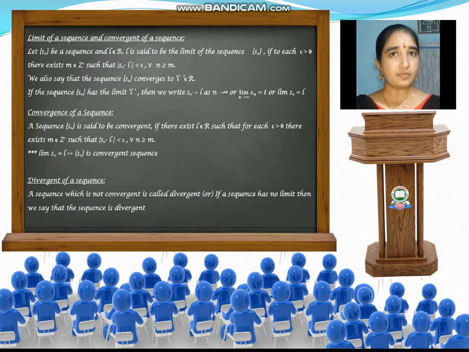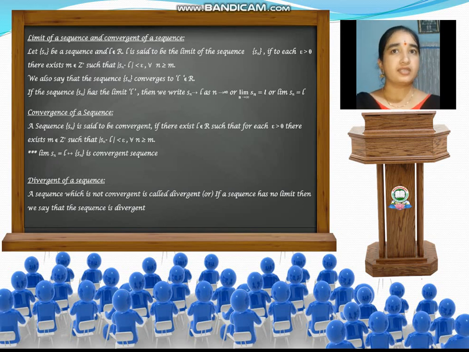Let Sn be a sequence and L belongs to R. L is said to be the limit of the sequence Sn if for each epsilon greater than 0 there exists some positive integer m belongs to Z plus, such that mod Sn minus L is less than epsilon for all n greater than or equal to m.